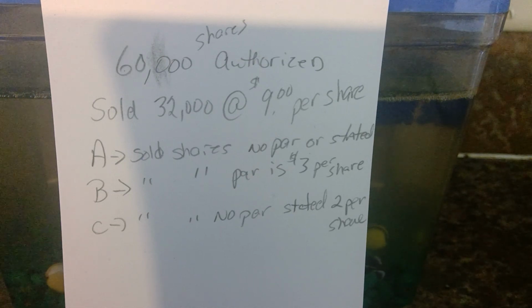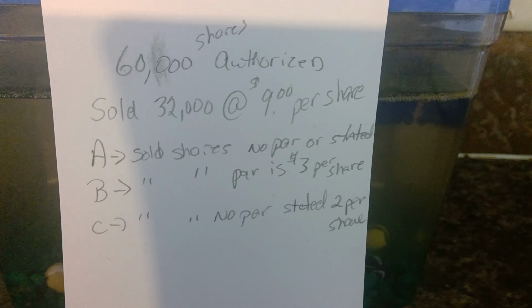We know we're selling 32,000 shares at $9 a share. So the amount of cash that we're going to receive in this case is $288,000. We've already figured that out. That's 32,000 shares times $9 a share. Now let's figure out the common stock credit. That says to take the number of shares times the par value.